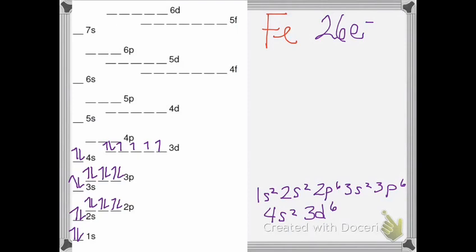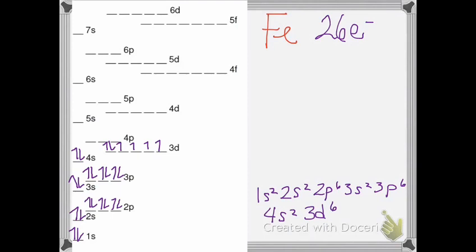It looks like they go in a really specific order. Did we keep filling 3 until we were done with 3? Yeah, you had to fill them all up. You put arrows in all of them before we moved on, and now it makes sense when you said that s can only hold 2, and I see that the biggest number of arrows you can put in all the blanks that have s is 2, and you said that p's could max with 6, and that's the max arrows. d would be 10, and f would be 14. That all makes sense now.